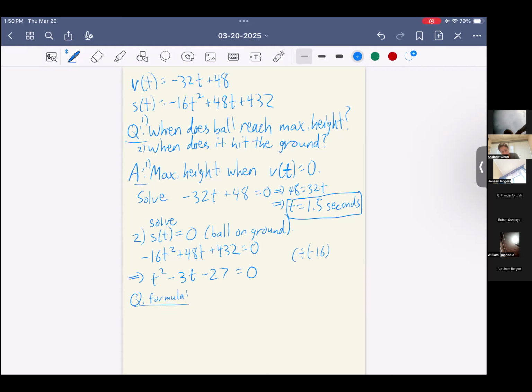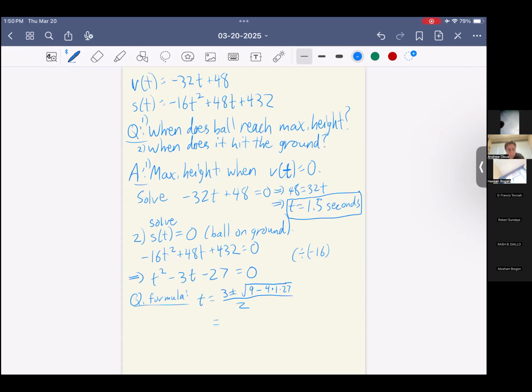What does the quadratic formula say? This gives us that t is equal to 3 plus or minus the square root of b squared, so that's 9, minus 4ac, so minus 4 times 1 times minus 27, over 2. And I don't think this is going to factor.